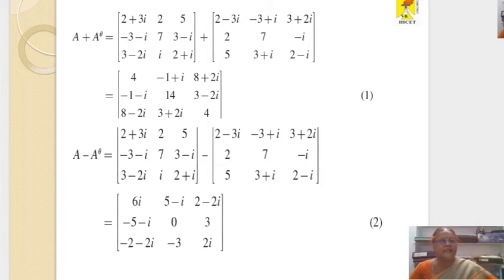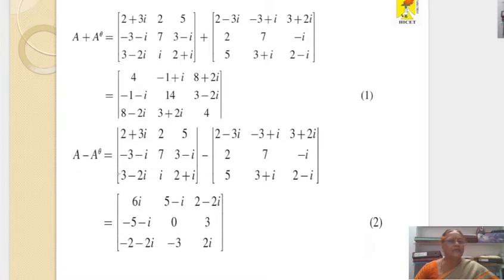Then minus 3 minus i plus 2 gives minus 1 minus i. Then 7 plus 7 is 14. Similarly, next is 3 minus 2i with 5 will give you 8 minus 2i; i plus 3 plus i will give 3 plus 2i; 2 plus i plus 2 minus i will give you 4.